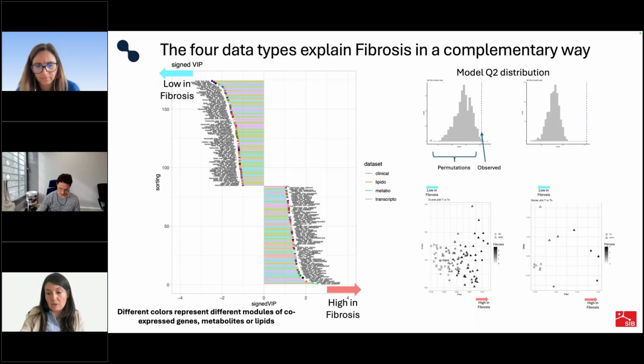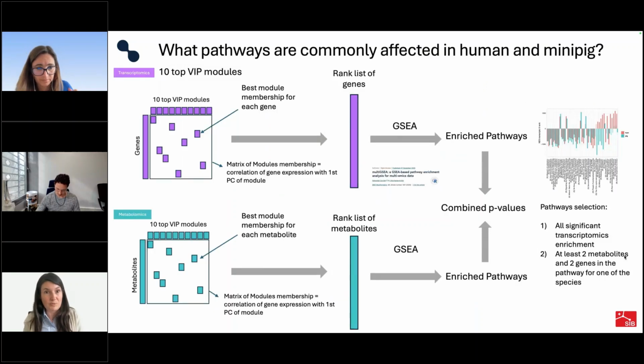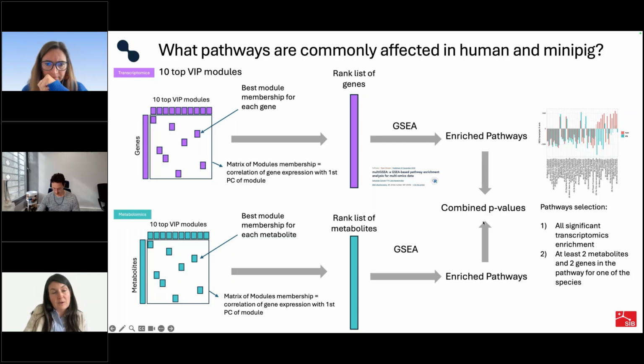And so now we can dig into what is the biological meaning that is associated with this common variation related to fibrosis. For this, we focus on the 10 top VIP modules, so the 10 first modules with the higher VIP values. For each gene and each metabolite, we have measurements to relate it to one of the top 10 VIP modules.